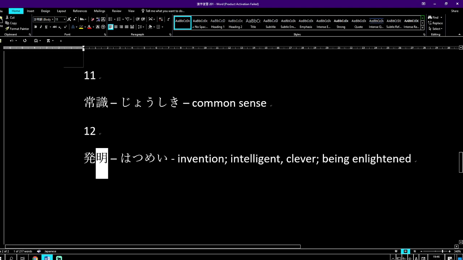So hatsume is the coming out of some kind of bright or intelligent thing, an invention. Or it could be being enlightened, or your first time coming out as enlightened as well.